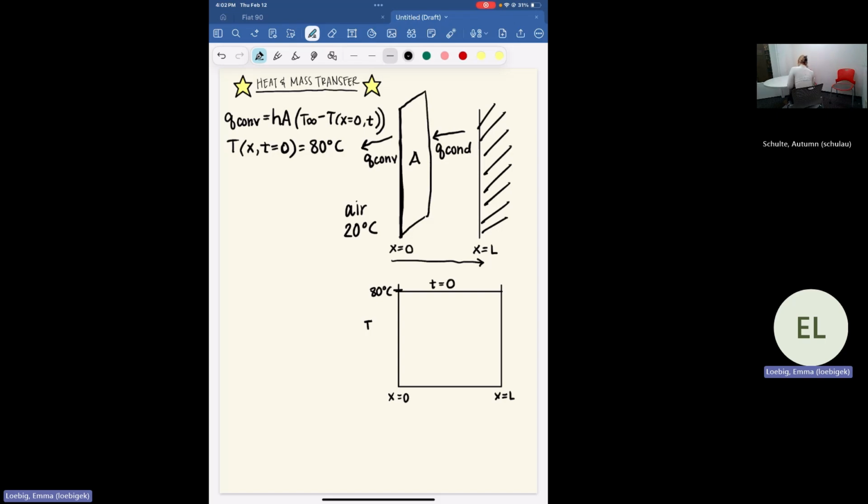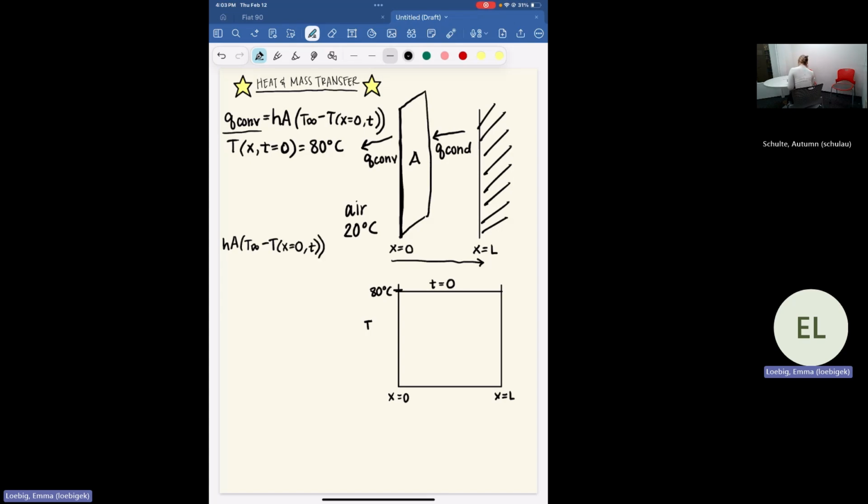Now, going back to what I said before, I said that the heat being transferred through conduction to this plane must leave via convection. Therefore, those two terms must be equal to each other. Well, we said that Q convection is equal to our heat transfer coefficient multiplied by our area multiplied by the temperature very far away minus the temperature at position x is equal to 0 at any time t.